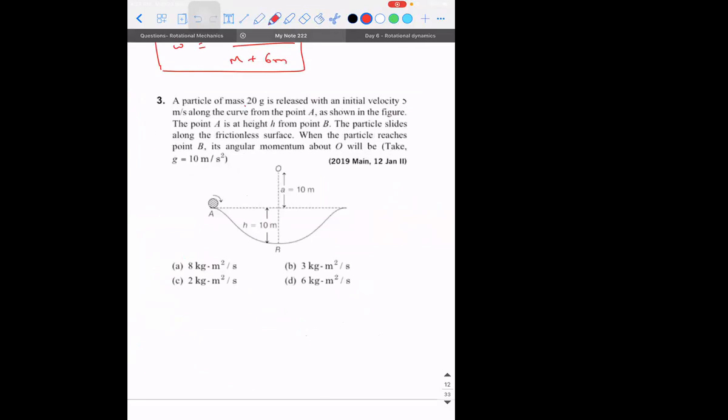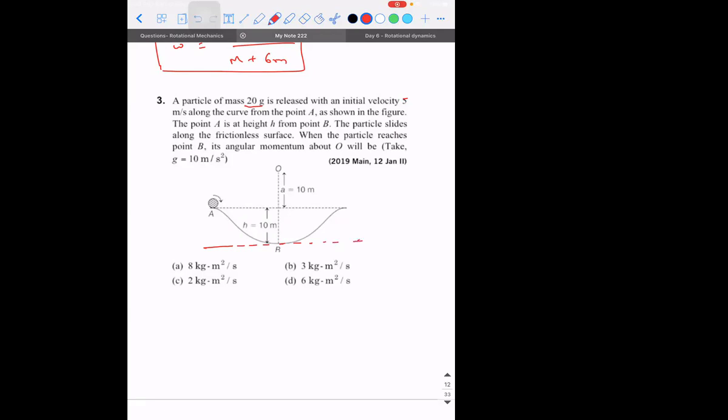So there is a particle of mass 20 grams released with an initial velocity of 5 meters per second along the curve from a point as shown in the figure. The point A is at a height h from point B. So this is at a height h from point B. The particle slides along the frictionless surface. When the particle reaches the point B, its angular momentum about O will be how much?